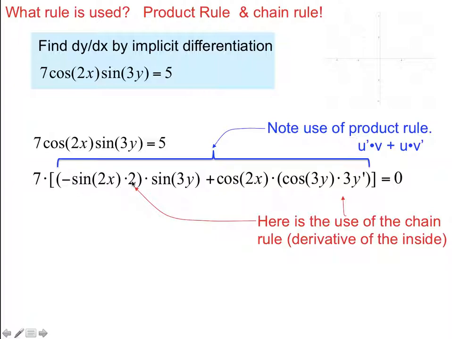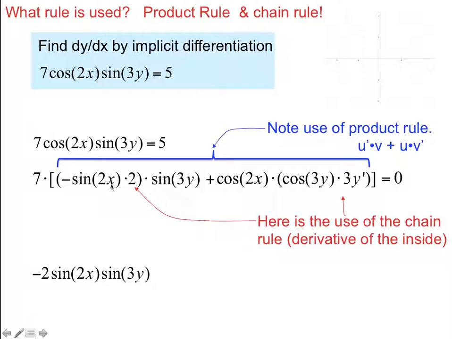And then using the chain rule, there's the derivative of the inside times the sine. So derivative of the cosine times the sine plus the cosine, that's unchanged, times the derivative of the sine. Derivative of the sine is the cosine. And then we have to take the derivative of the inside, which is a y term. So it's 3y prime.